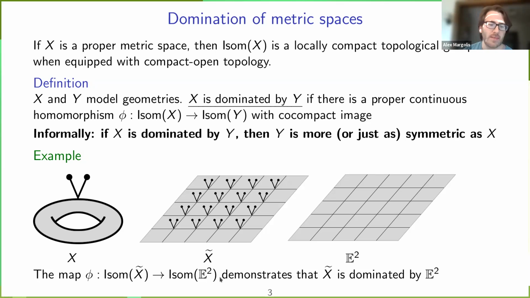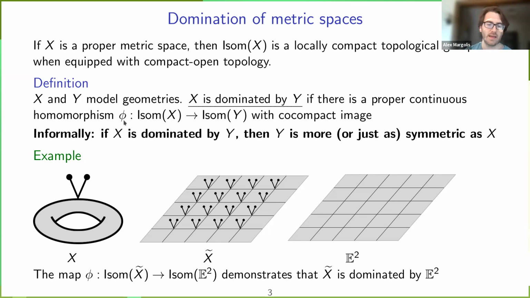And we have a map phi from isom X tilde to isom E squared, which just forgets about what happens to the antennae and just restricts the isometry to what it does on the Euclidean plane. And this map phi satisfies the conditions in the definition of domination.